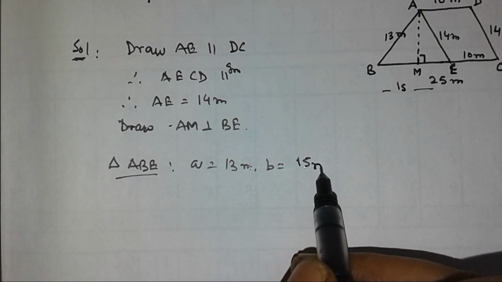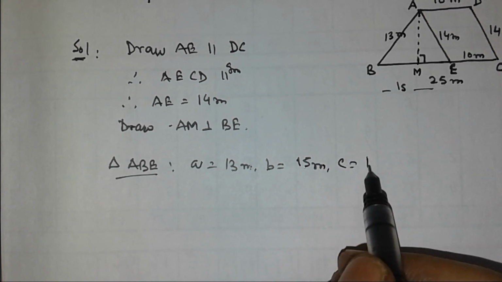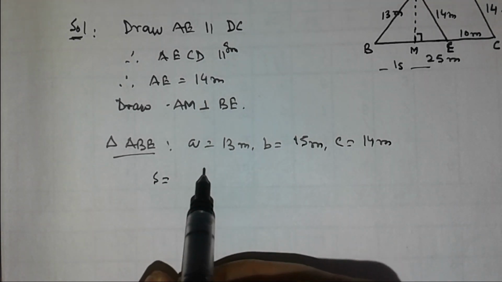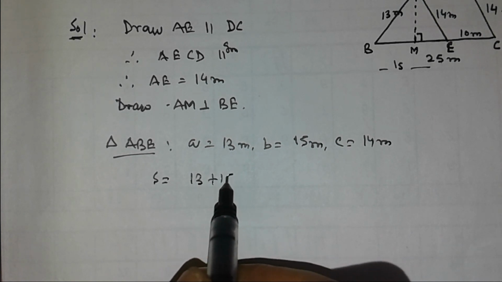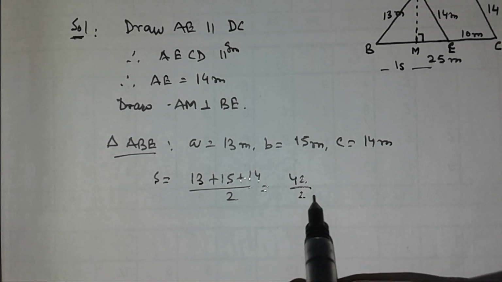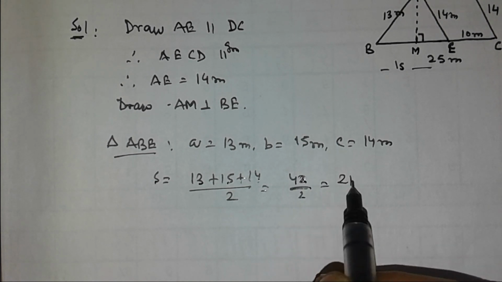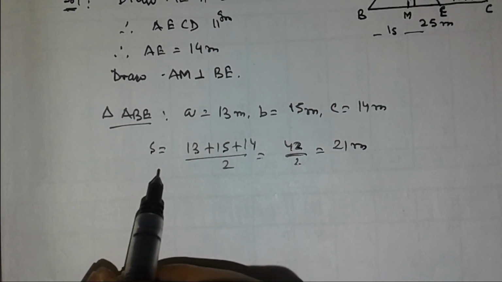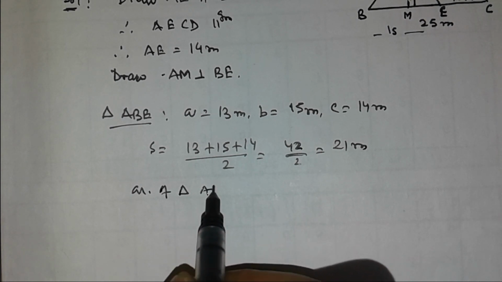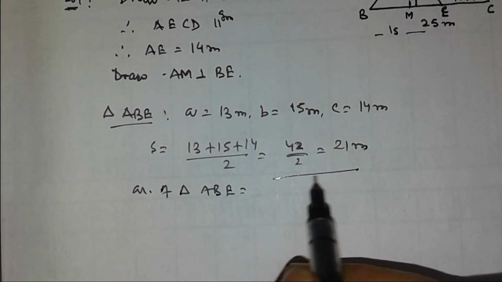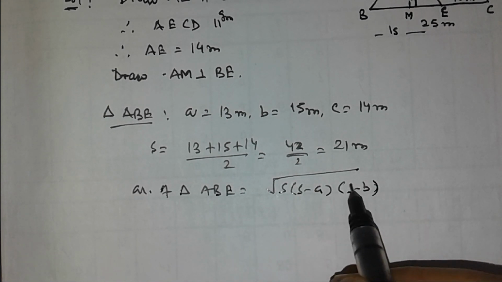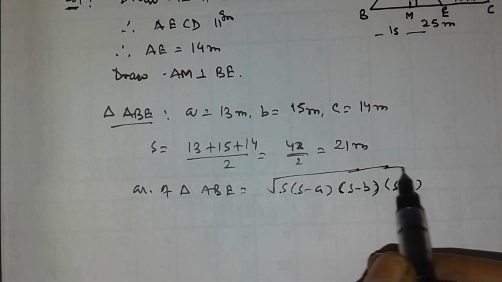And C is equal to 14. So S will be equal to 13 plus 15 plus 14 divided by 2, is equal to 42 divided by 2, that is equal to 21 meters. Now area of triangle is root of S into S minus A, S minus B and S minus C. This is the area of triangle.